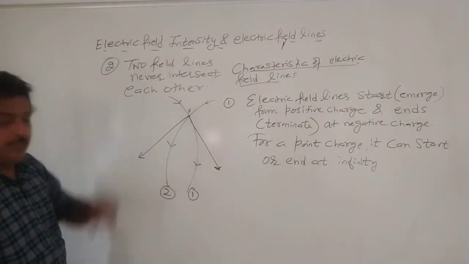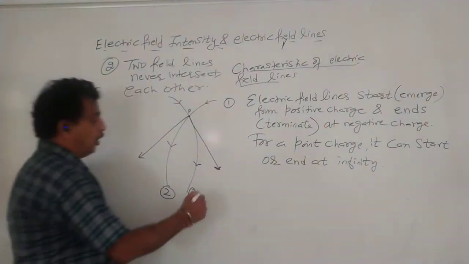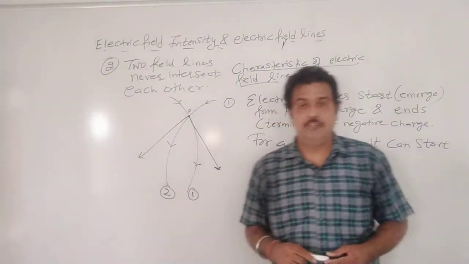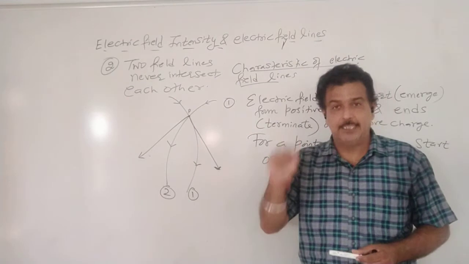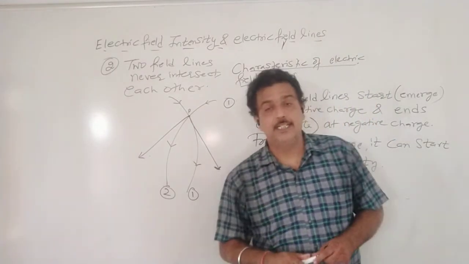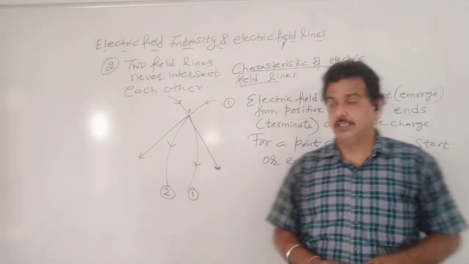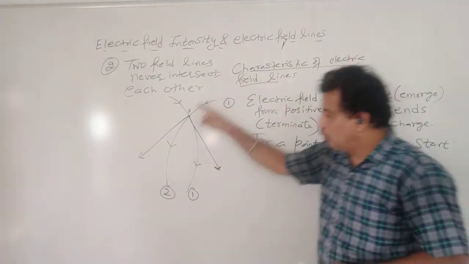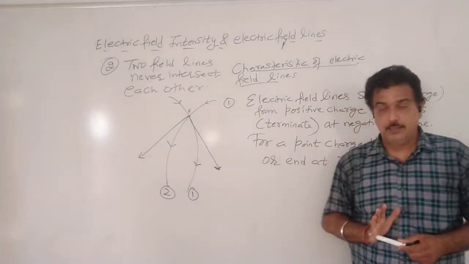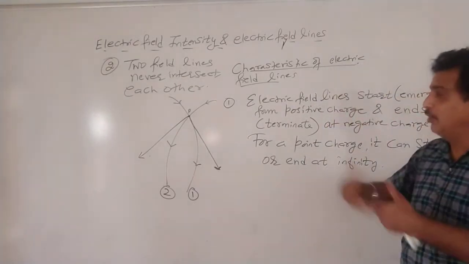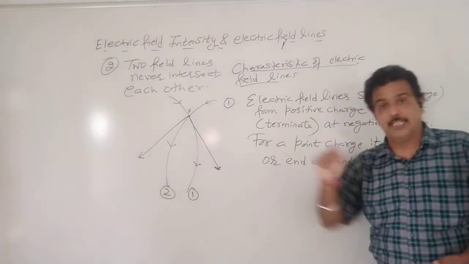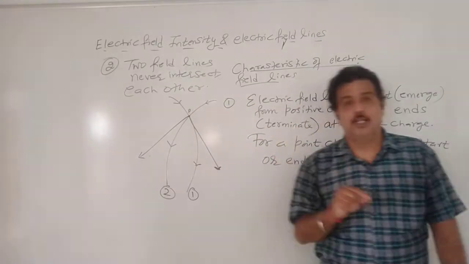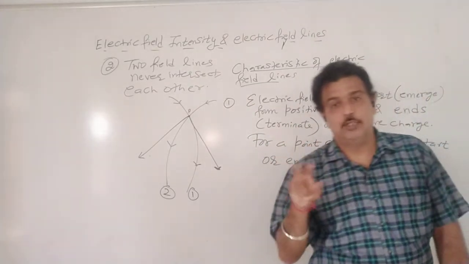Now at a point we cannot have two directions of electric field intensity. If any vector quantity is there at a time, at any particular instant, it cannot have two directions. So if two field lines intersect at a particular point, two tangents can be drawn. And if two tangents can be drawn, from the definition, the tangent gives the direction of electric field intensity. At a particular point, two directions are not possible.